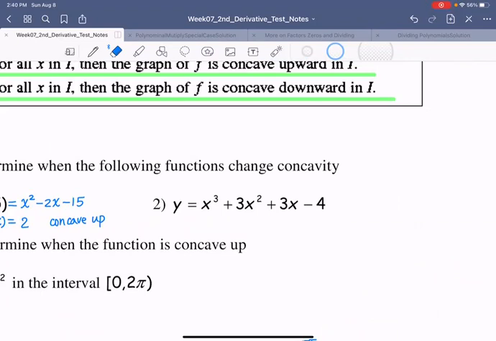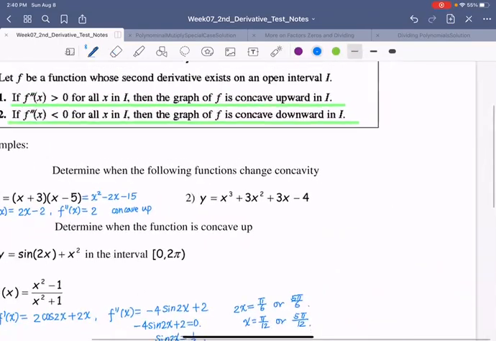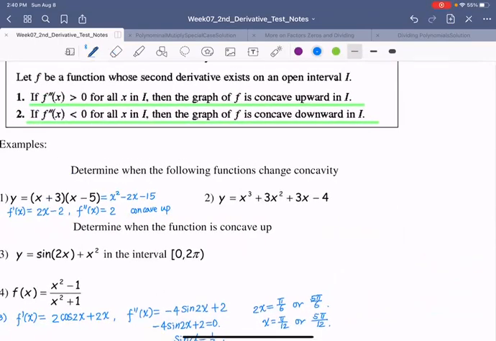Joy, let's do the next one. So for the first derivative, it would be 3x squared plus 6x plus 3. Okay. And then the second derivative is 6x plus 6. And then we want to see at what location it is concaving up.